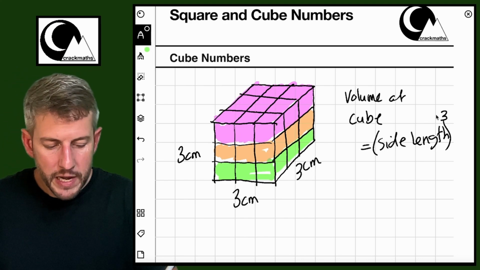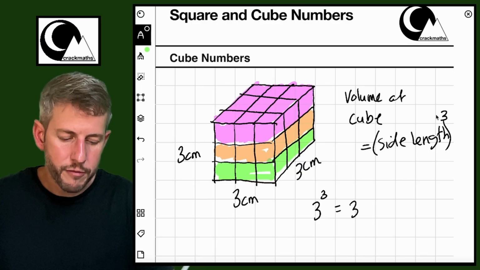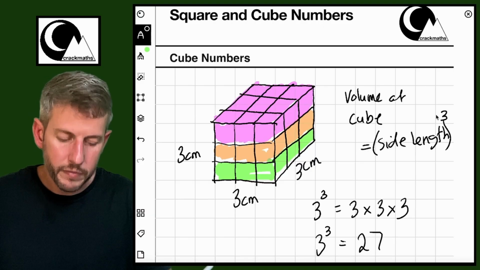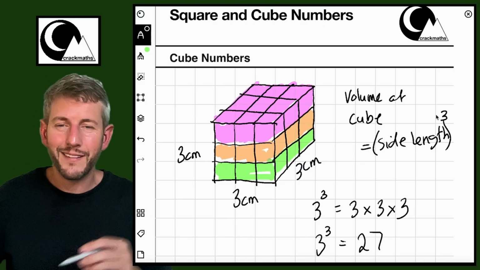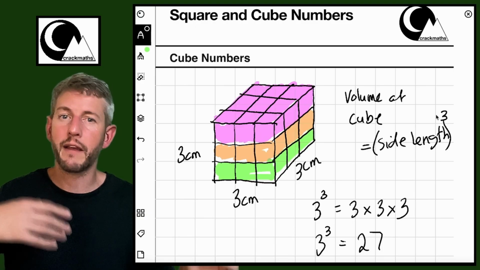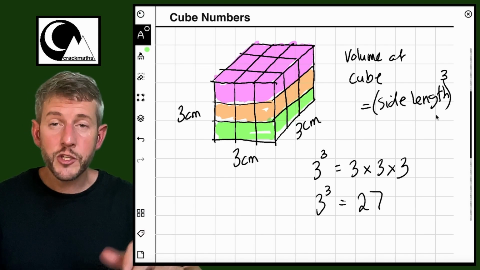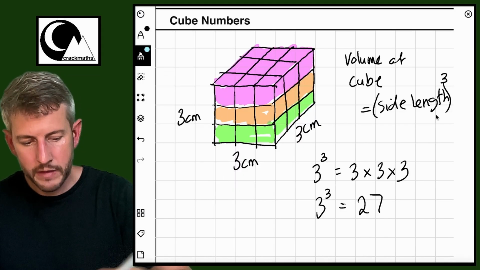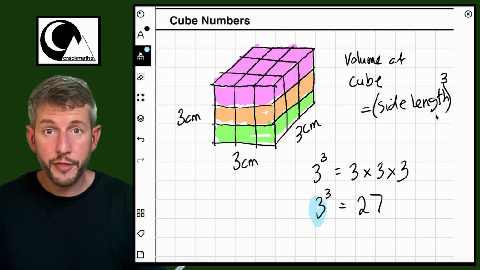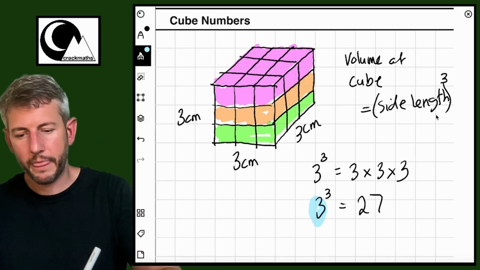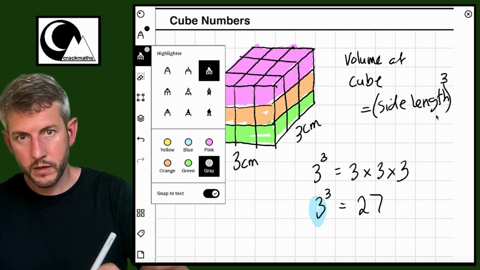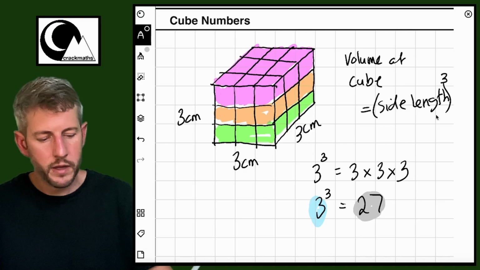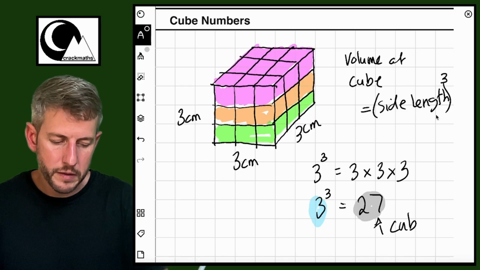So that's why it's a cube number. So 3 cubed equals 3 times 3 times 3, which equals 27, which is the number of cubes you get in a cube with side length 3. So in this situation, let me pick a different colour, this 3 here is the cube root, and the 27 that I've coloured in grey is the cube number.